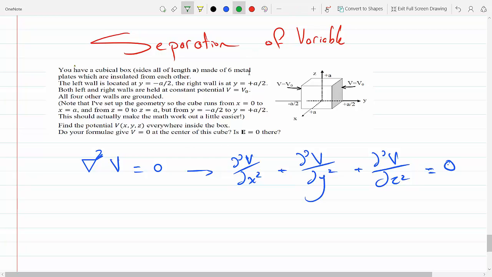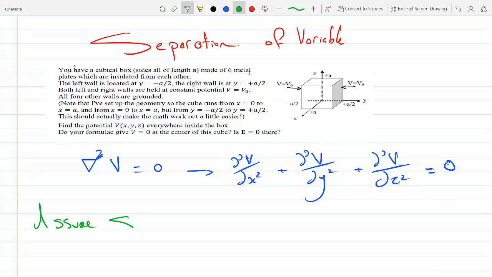So you assume solutions of the form V as a function of x, y, z. This is the method of separation of variables.